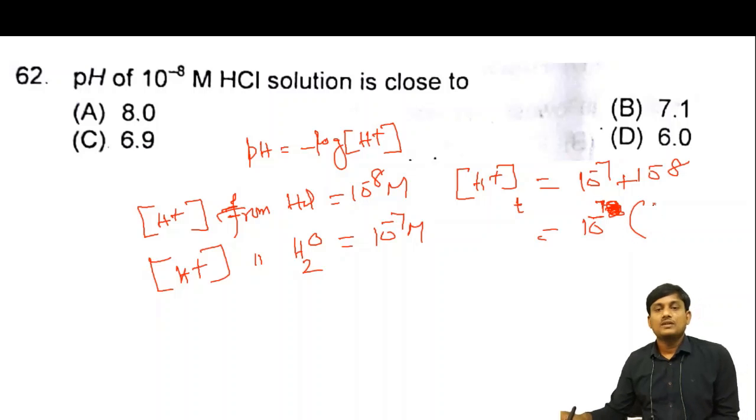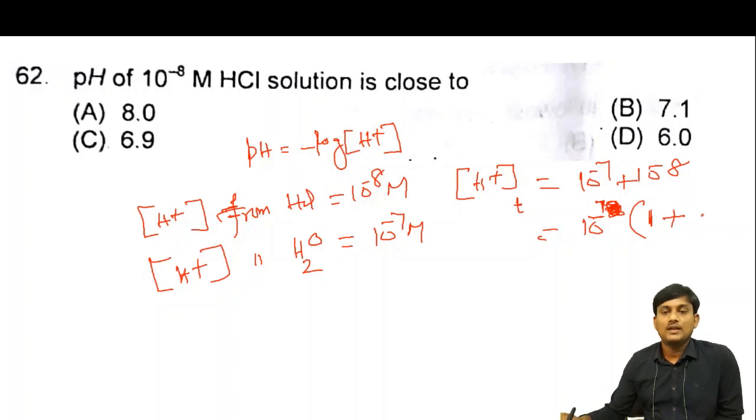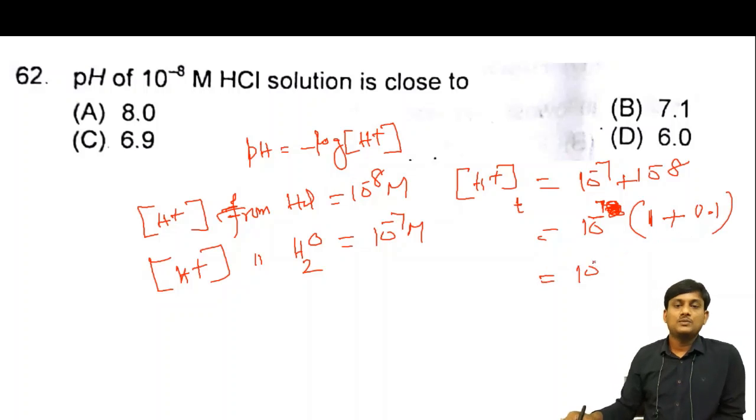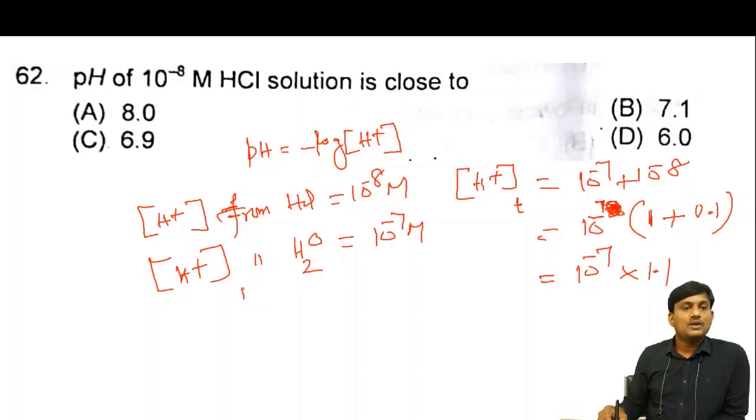Then what is the value you will get? It will be 1 and this one will be 0.1. So it will be 10 to the power of minus 7 into 1.1. So what is the pH? pH is equal to minus log of 10 to the power of minus 7 into 1.1.